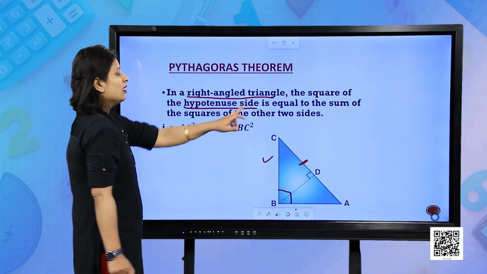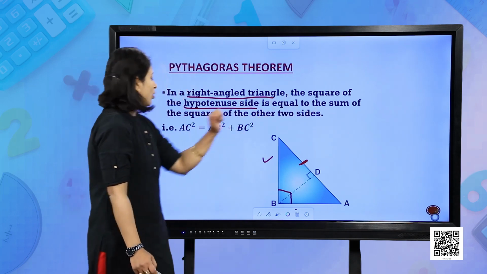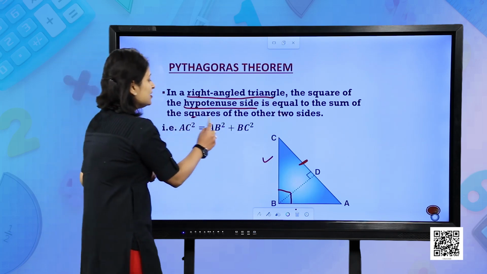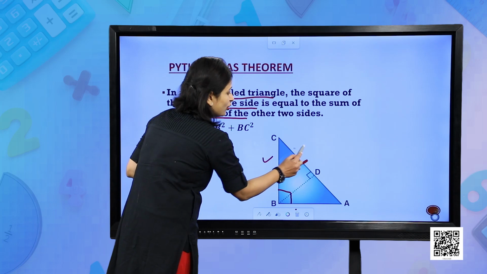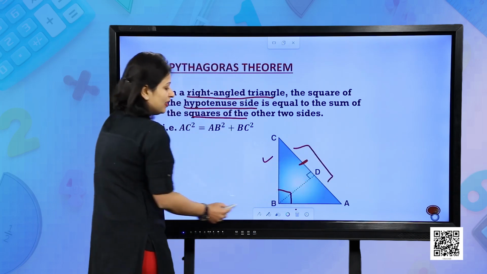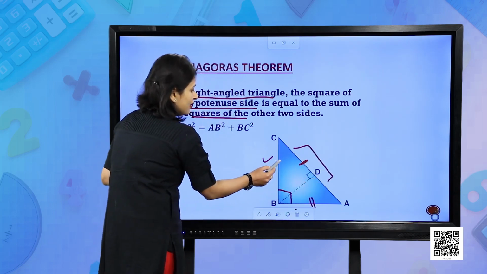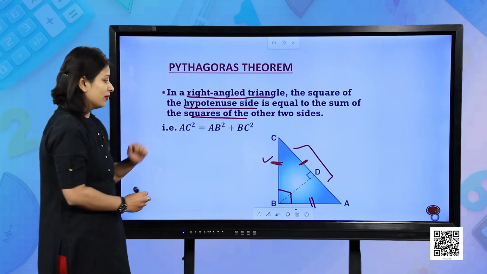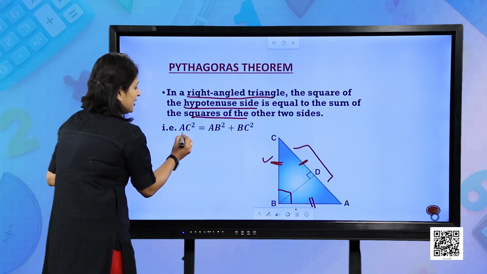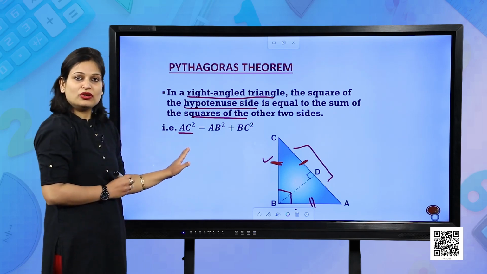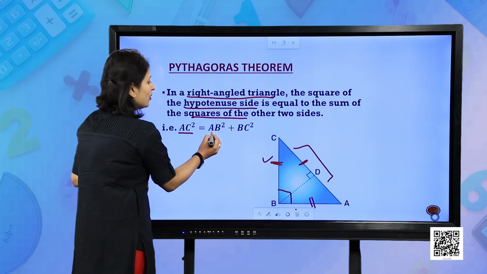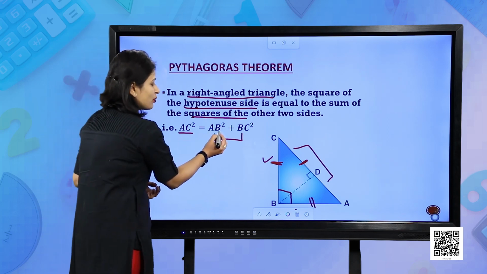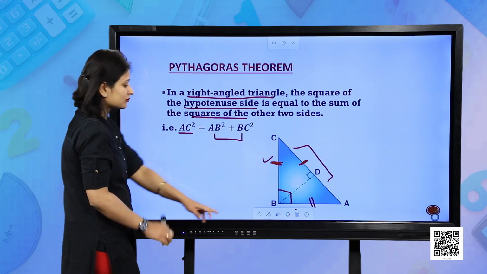AC is equal to the sum of the squares of the other two sides. Other two sides means what? If this is hypotenuse, other two sides will be AB and BC. So, according to the statement of Pythagoras theorem, we have AC square, means hypotenuse square, is equal to the sum of squares of other two sides, means AB square plus BC square.